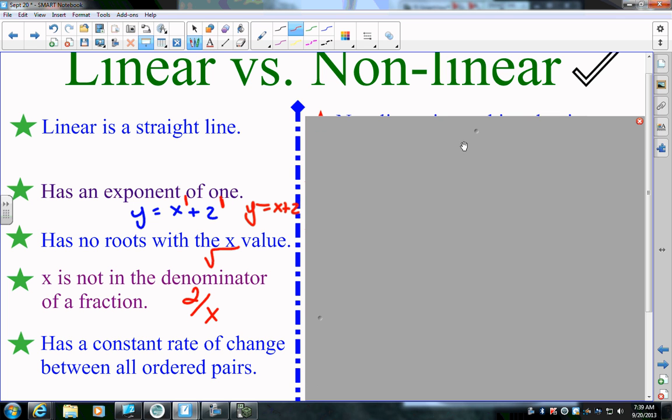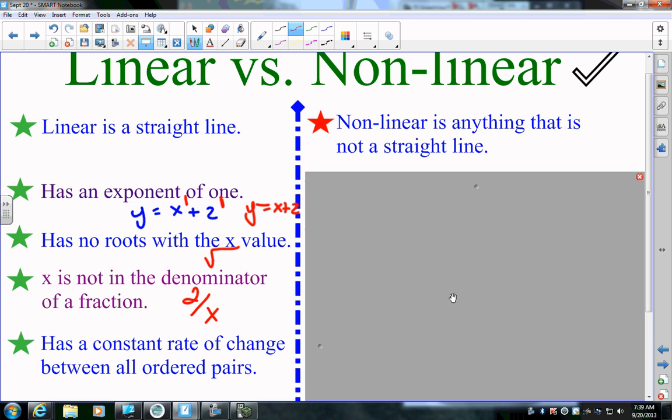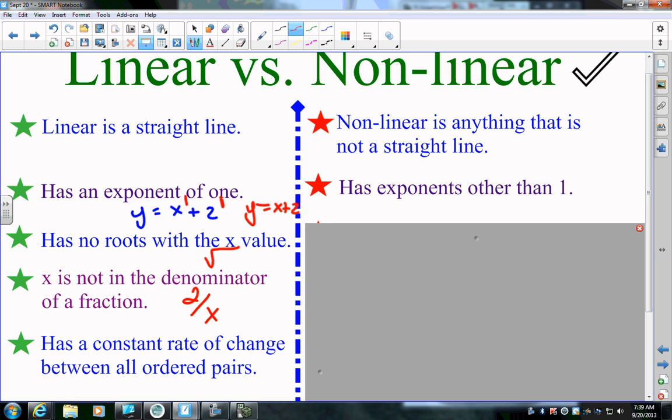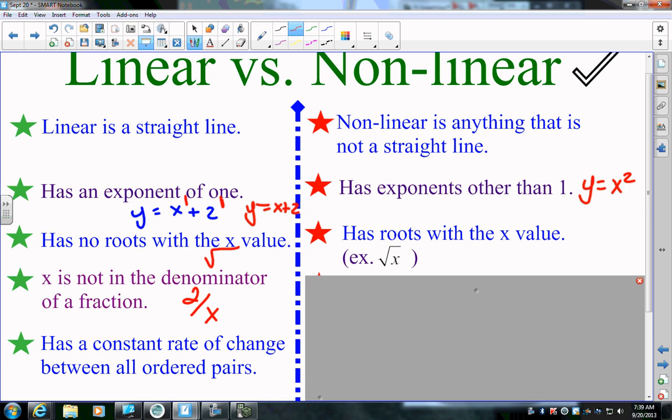If it's nonlinear, nonlinear is anything that is not a straight line. It has exponents other than 1. So, for example, y equals x squared, x to the third. It'll have an exponent. It has roots with the x value, the square root of x.